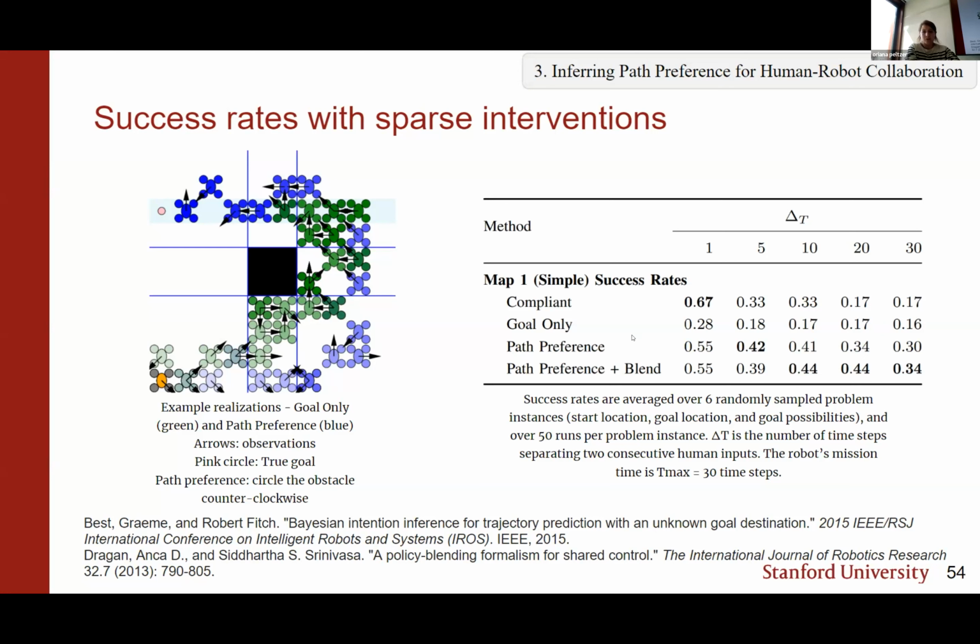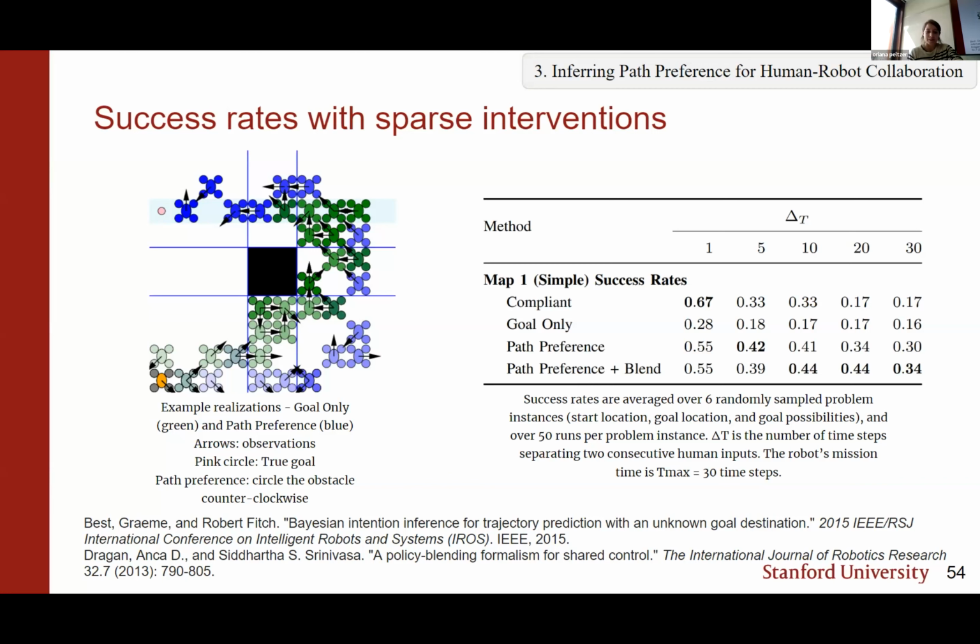And so what we notice here is that a robot that fully complies with the human gets the best performance if the human's constantly providing information. But as the human's guidance is increasingly sparse, we observe this decrease in performance. What I didn't mention here is we consider that a run is a success if the robot reached the correct goal within the allotted time of 30 seconds and through the human's preferred way to get to the goal.